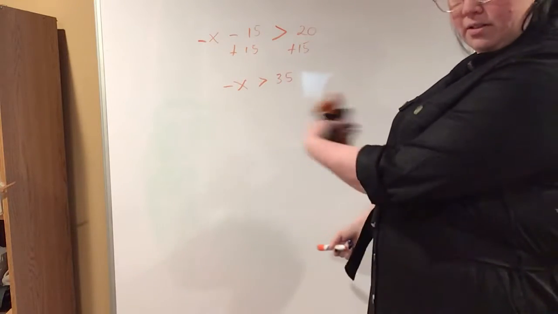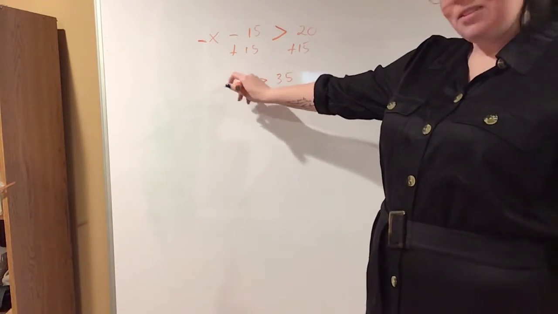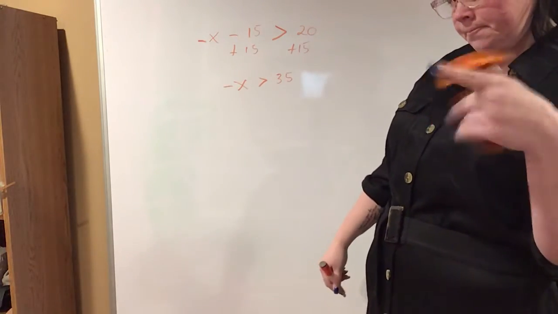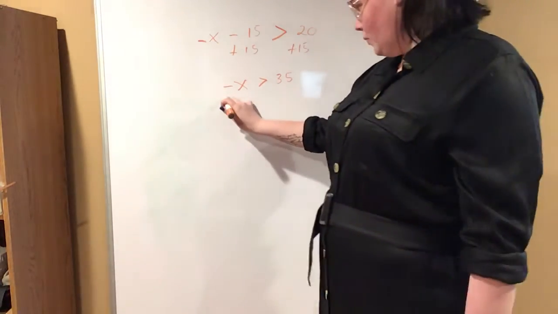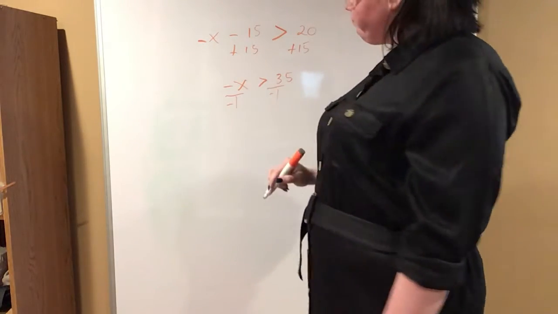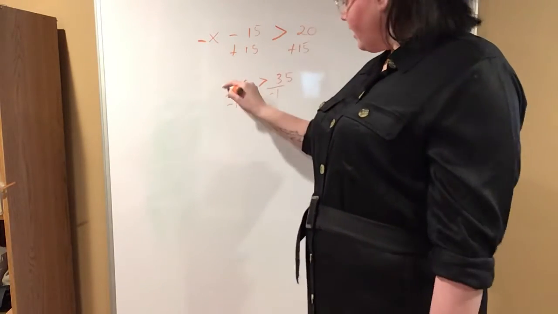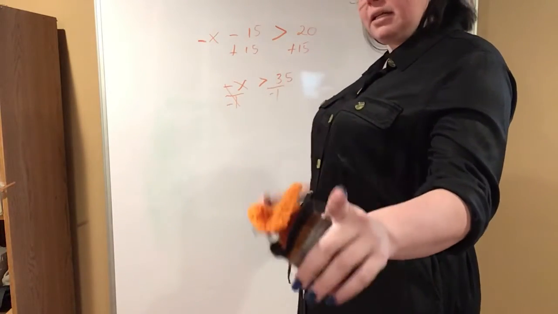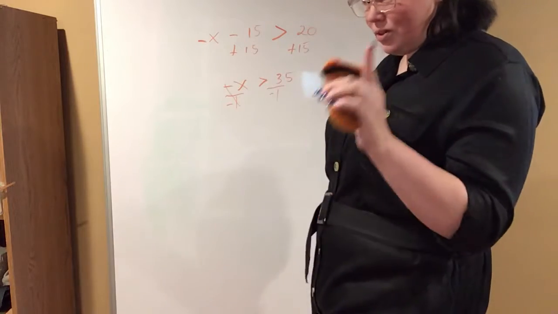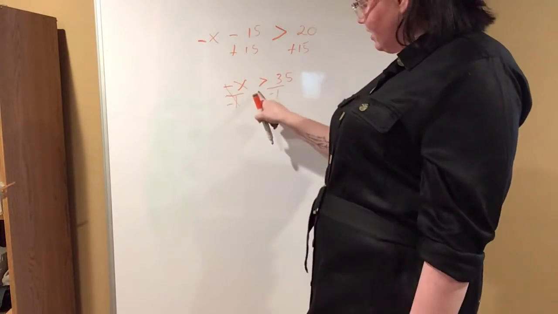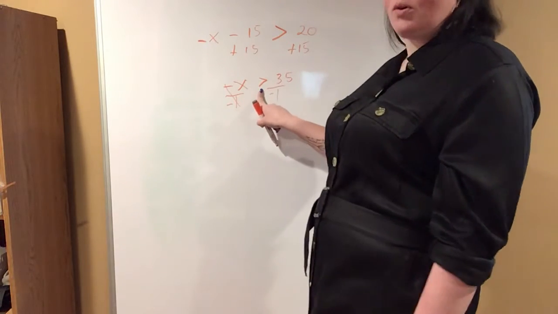So let's take him. Technically that's a 1. Did you know that there's a 1 in front of that x? So we're going to divide by -1. That gets rid of our negative. But in inequalities, if you multiply or divide by a negative, this little sign right here will flip.